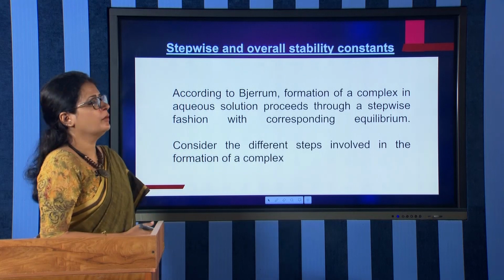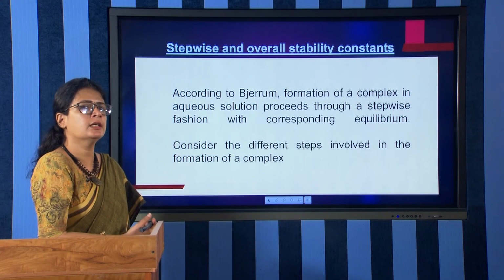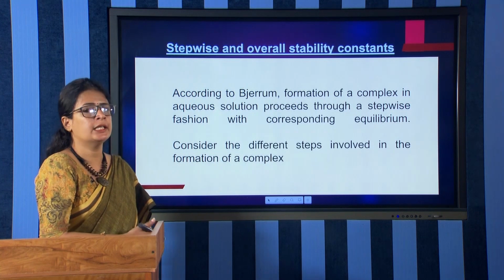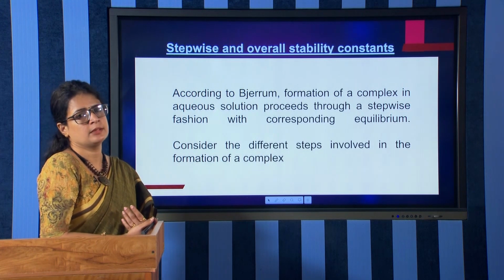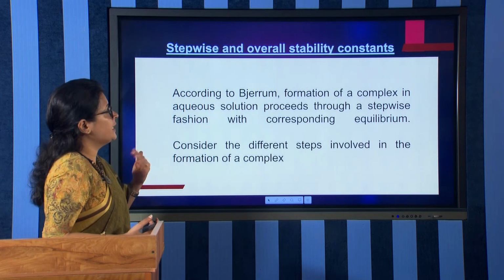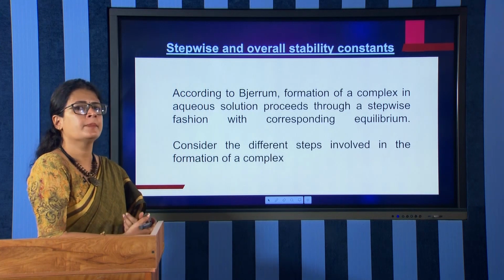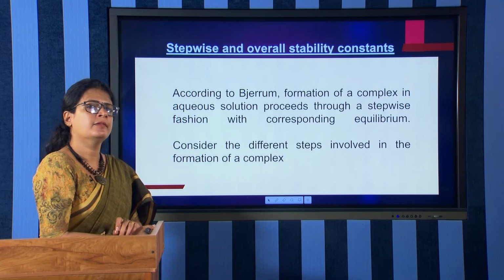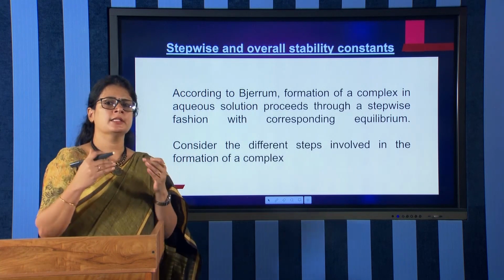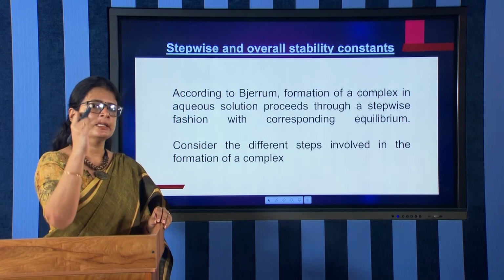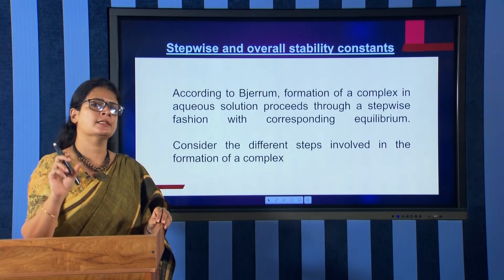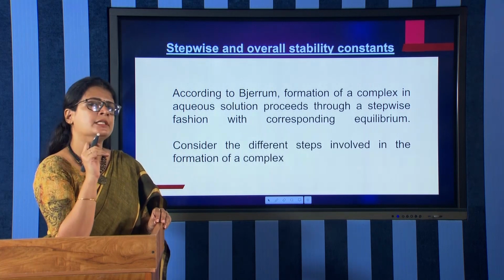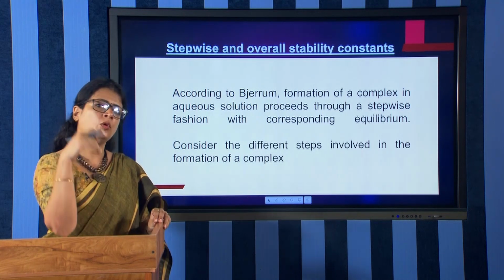And now, we have to consider two types of stability constants while studying the stability of complexes. They are the stepwise stability constant and the overall stability constant. From the name itself, the first one is connected to each step, the stability constant of each step, and the overall stability constant is all about the overall reaction.